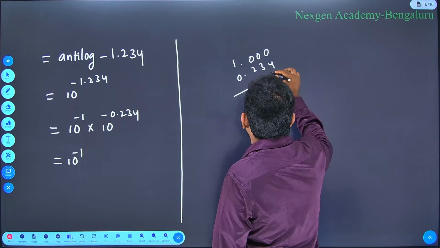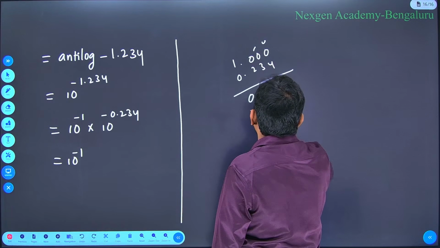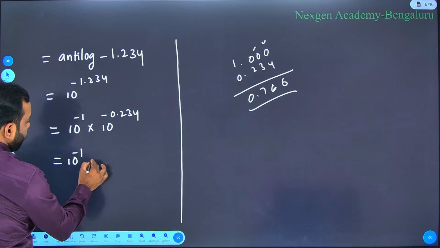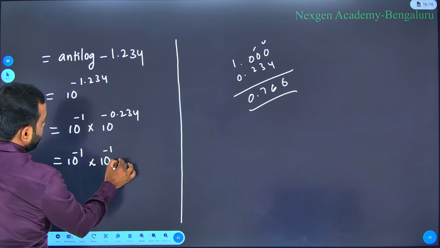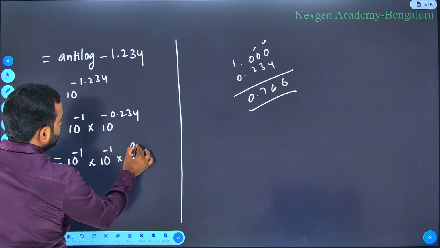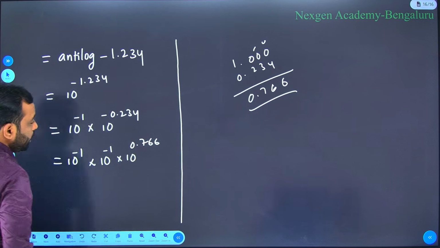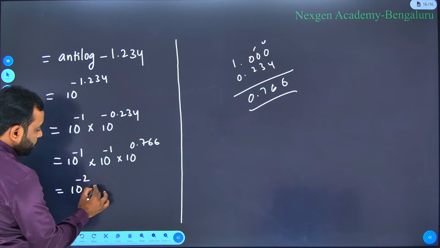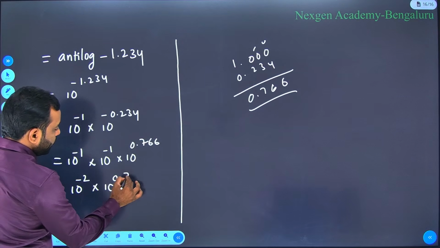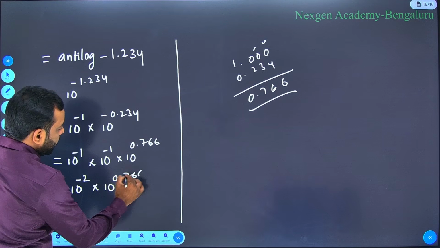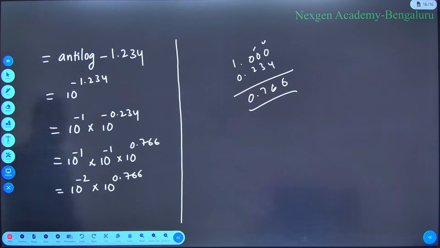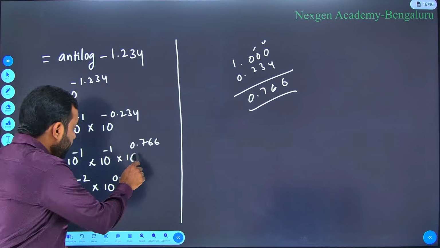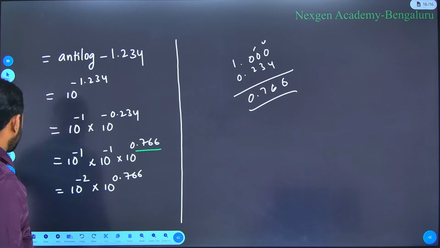Clear, right? So 0.766. Minus 1 into 10 to the power of 0.766. Clear, right? So this is 10 to the power of minus 1. Minus 1 is what? Minus 2 into 10 to the power of 0.766. Now use the anti-log table to calculate this value. 0.766.